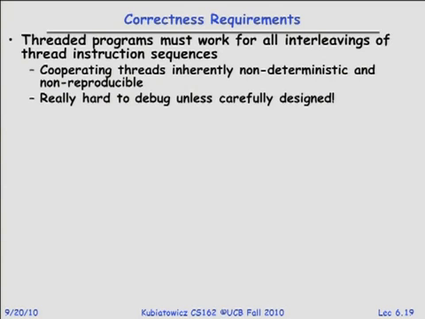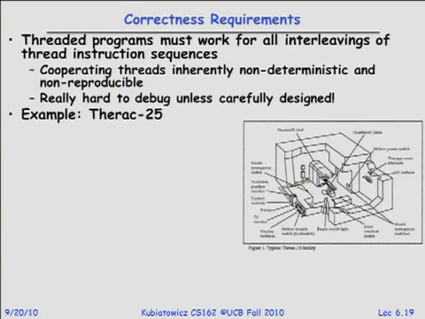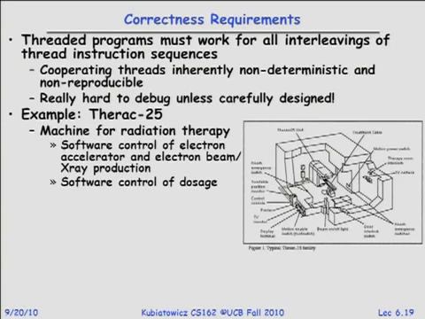One of them is the Therac 25. How many people have heard about this? Good, they tell you about this one. This is bad. So what's the Therac 25? This was a radiation therapy machine, and basically it gave software control of the distribution of electrons or X-rays to a patient.